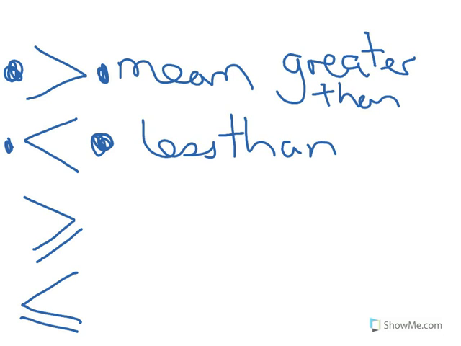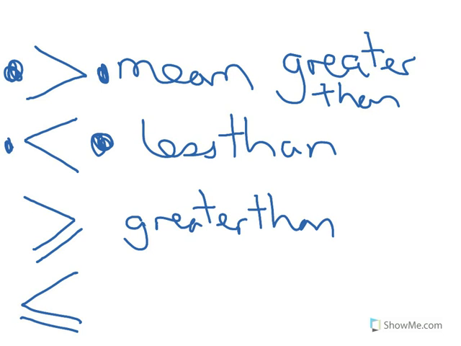And the 2 at the bottom, the same thing, greater than and less than, but this time we've got this second line. So this one means greater than, if I could spell greater, or equal to.